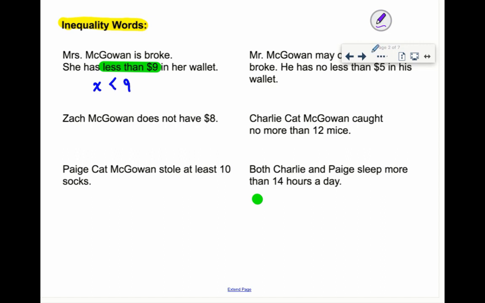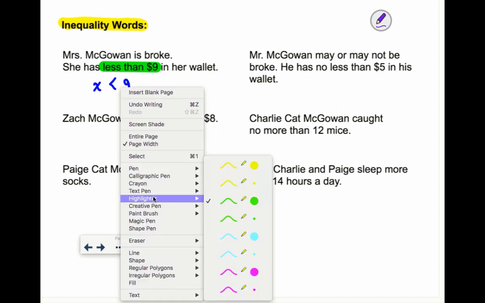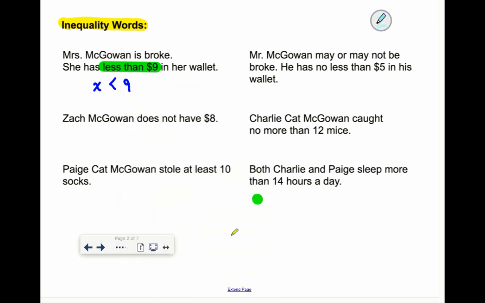Let's look at this one over here. It says Mr. McGowan may or may not be broke. He has no less than $5 in his wallet. So that means he's got $5, or $6, or $7, but he does not have less than $5.